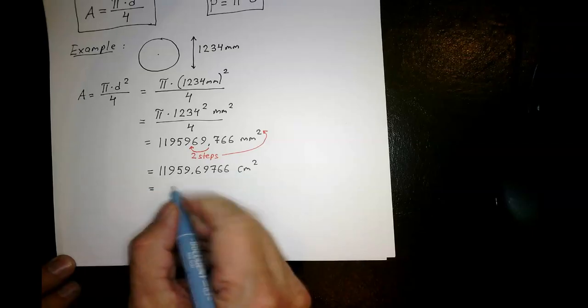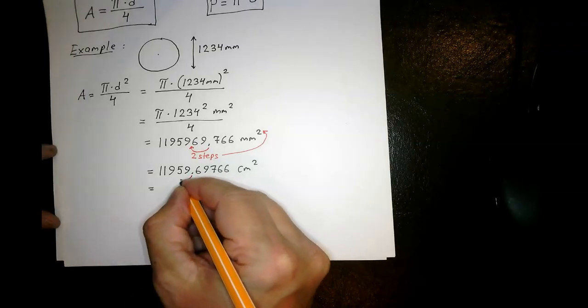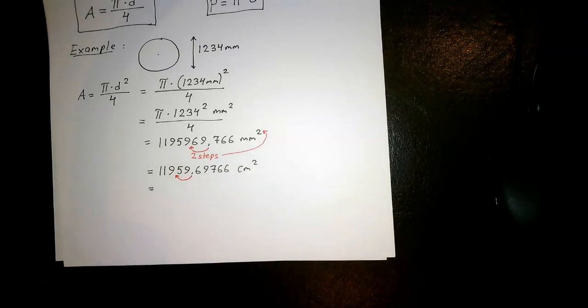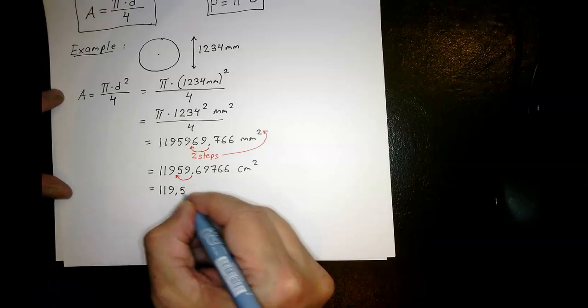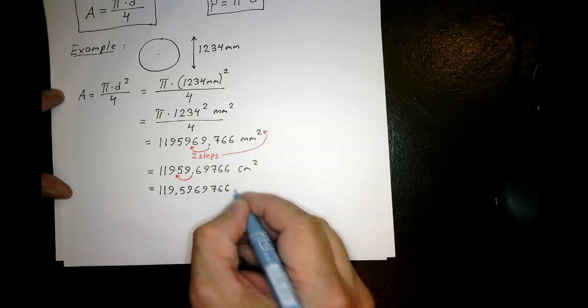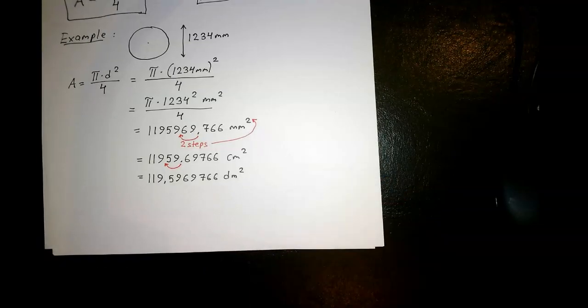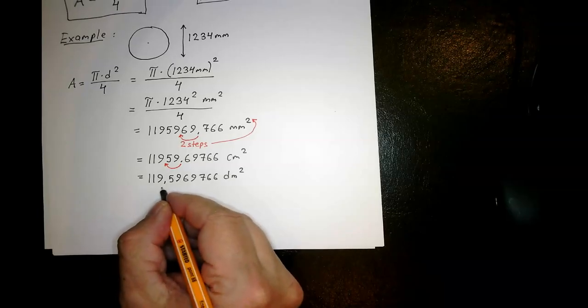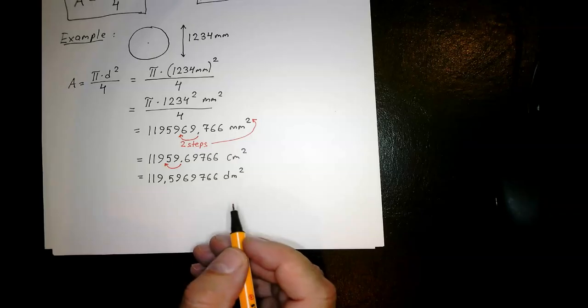And if we want to move to the next level, it would be square decimeters. So again, 2 steps: 119.596976 square decimeters. And again, if we want to move to the next level, it would be square meters.